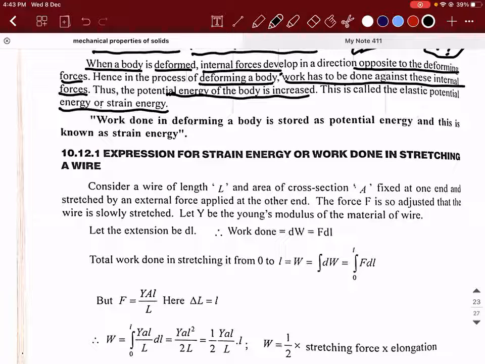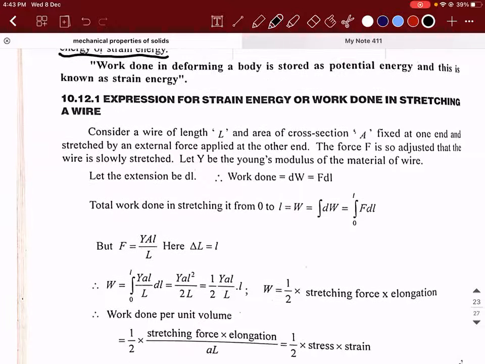Right. So let us see how to calculate the expression for strain energy, or work done in stretching a wire. Let us say you're considering a wire. Here we are calculating the elastic potential energy for a wire only. Please have this in your mind. So consider a wire of length L and area of cross section A fixed at one end, and it is stretched by an external force applied at the other end.